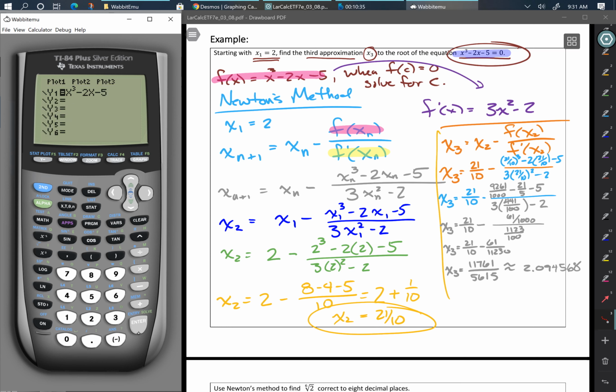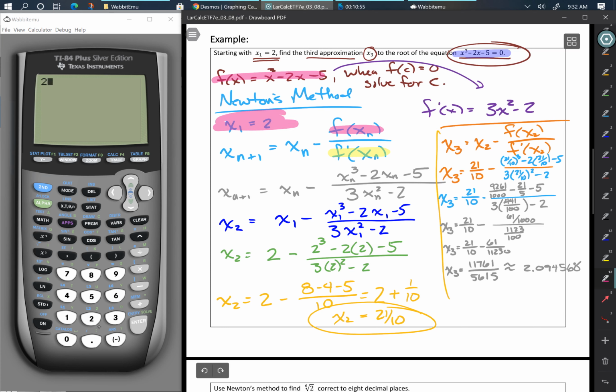And then in y2 I'm going to put in that derivative. So 3x squared minus 2. And then I'm going to quit out of there and go back to my home screen. And I'm going to take the initial starting value that we used here for our x sub 1, and I'm going to store that into x.